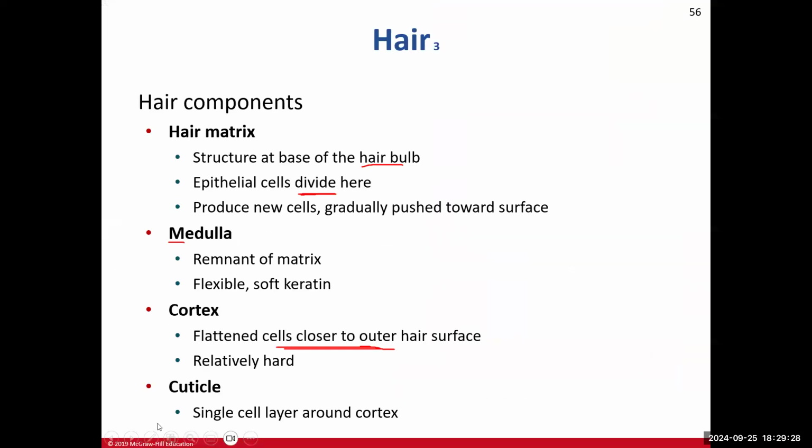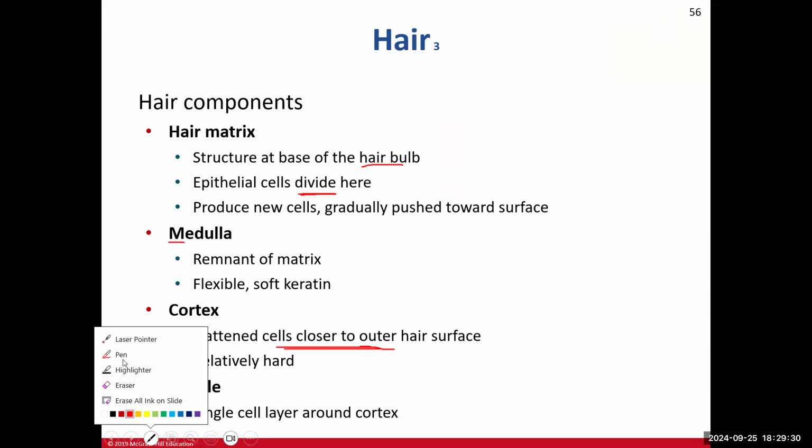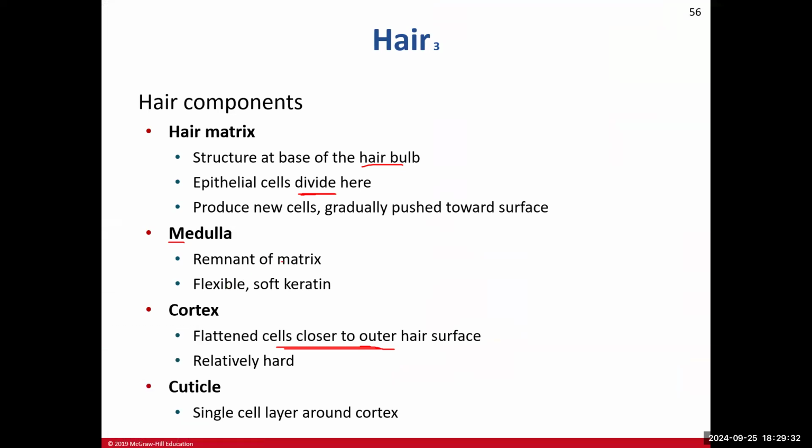The medulla is where those living cells are going to be pushed forward. It's a remnant of the matrix. But again, we're starting to produce that keratin, and those cells are still soft and flexible, which is important because they haven't hardened completely yet.